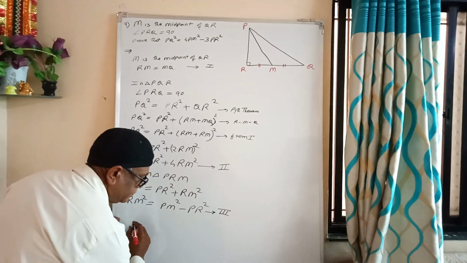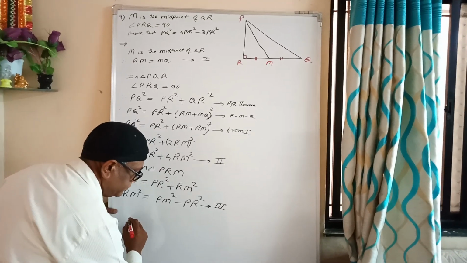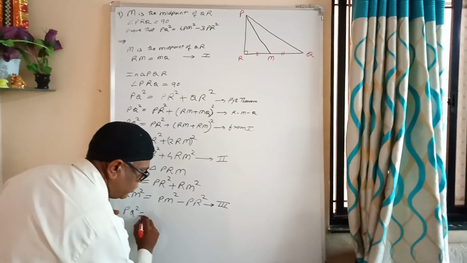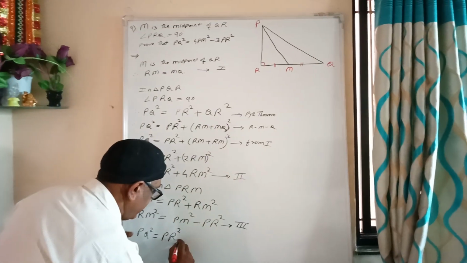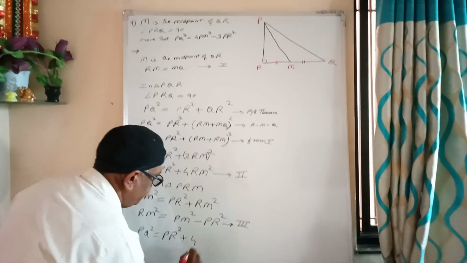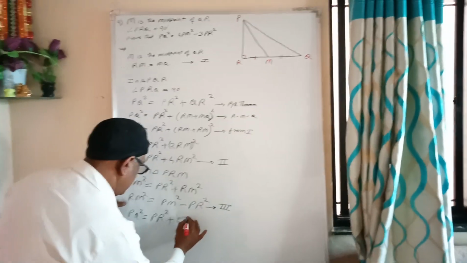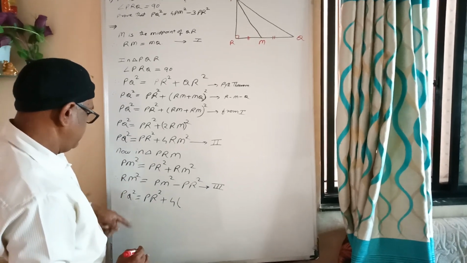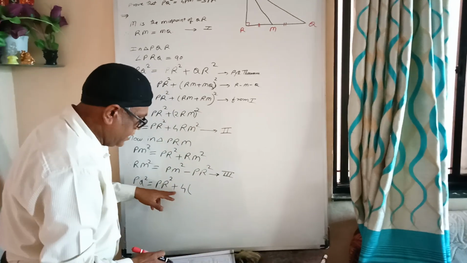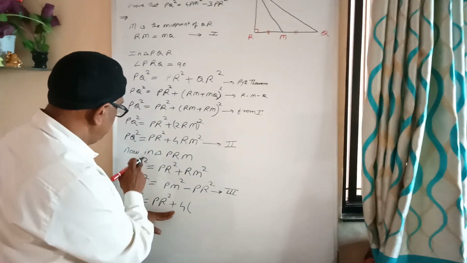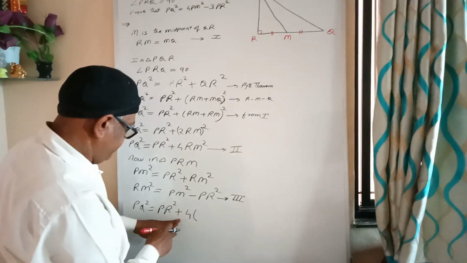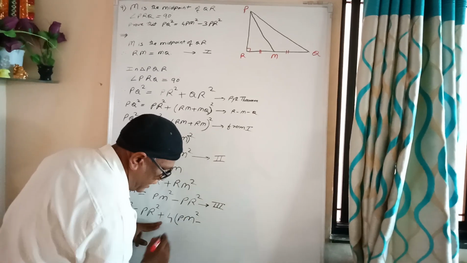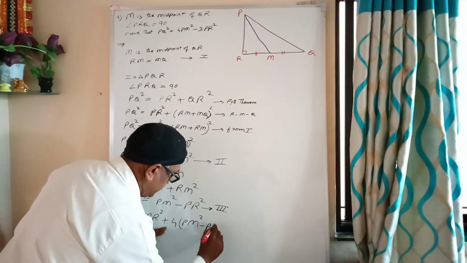Now, PQ square is equal to PR square plus 4 RM square, that is PR square plus 4 times PM square minus PR square.